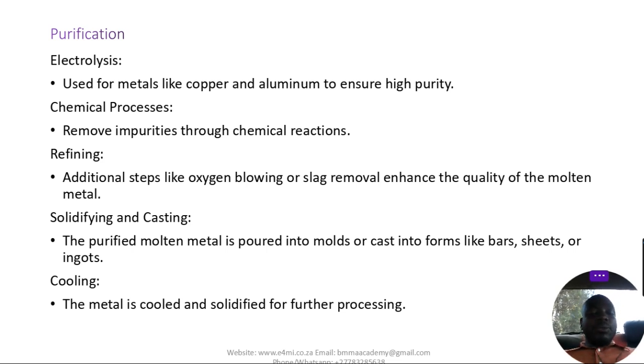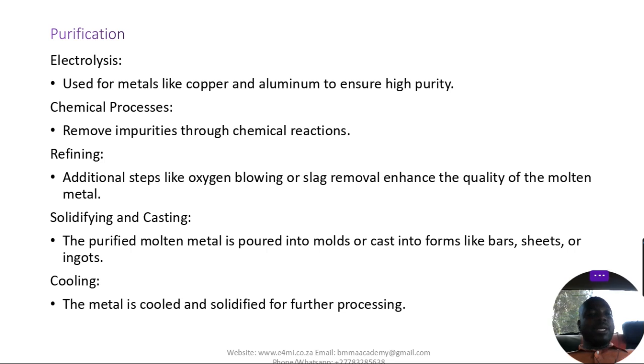So when you have finished this process, you have to start purifying the iron by so many processes. We have what you call electrolysis, which is used for metals like copper and aluminium to ensure a high purity. We can also use chemical processes that can remove impurities.